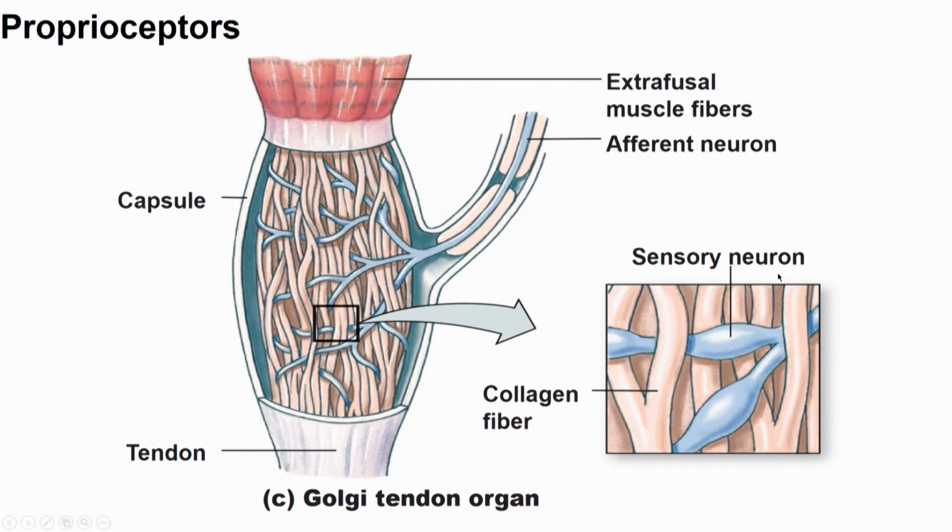The sensory neurons are intertwined with the fibers. So, when there is a tension, all the fibers are compressing the sensory neurons. Depending upon the tension, these fibers are compressing the sensory neurons, so the sensory neurons fire depending upon how much the fibers are compressing them. That is the way it is measuring the force.